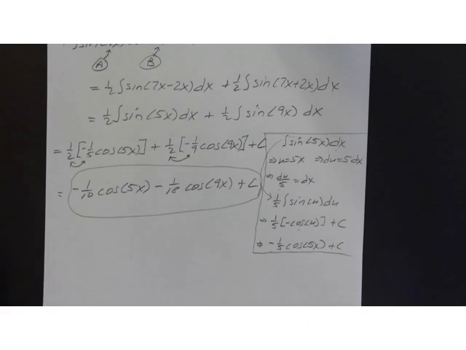Because Canvas is starting to really annoy me with all these glitches, I created a YouTube page specifically for my Calc 1 and Calc 2 this semester. So I'm going to upload those videos to YouTube, and then I can just put the YouTube link in Canvas, and you don't have to worry about it expiring.